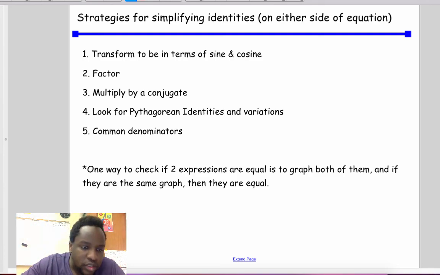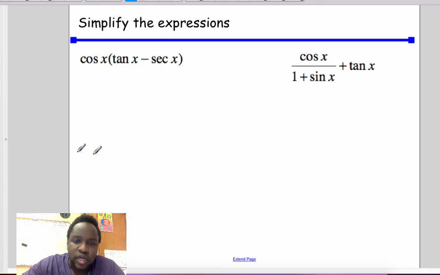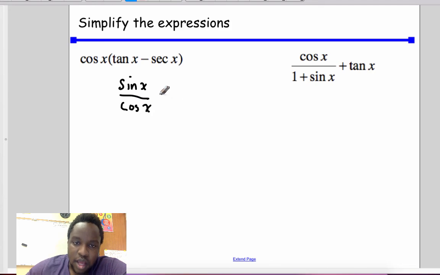All right, we're going to do one last one together, just the one on the left, and that's how far we got in class. So cosine x times the quantity tangent x minus secant x. Tangent is sine over cosine, and secant is 1 over cosine.